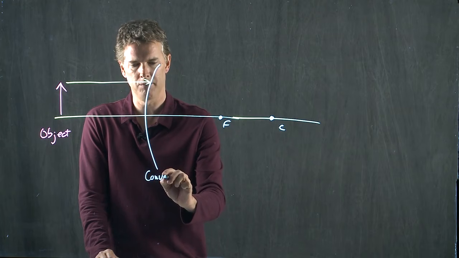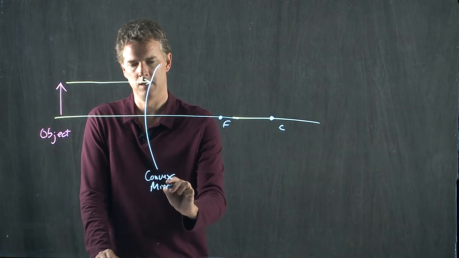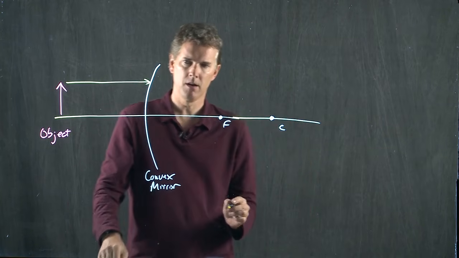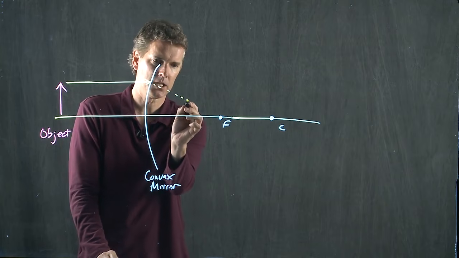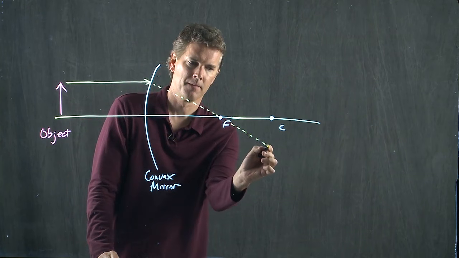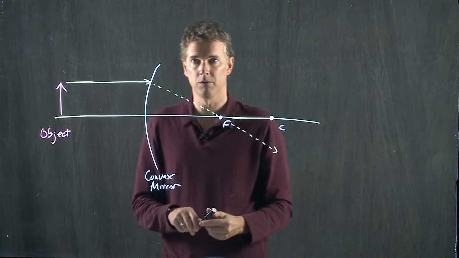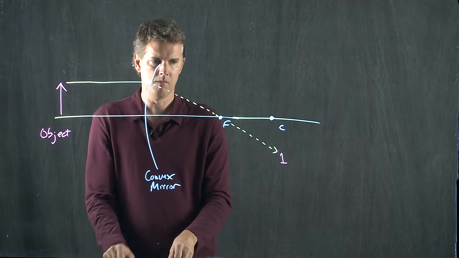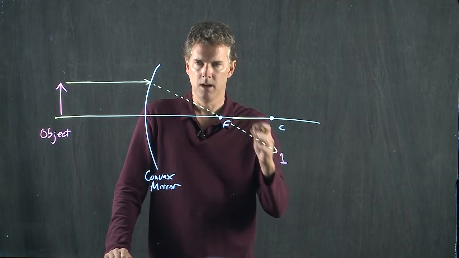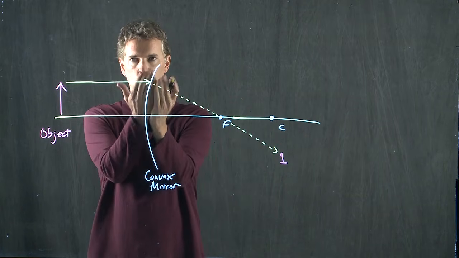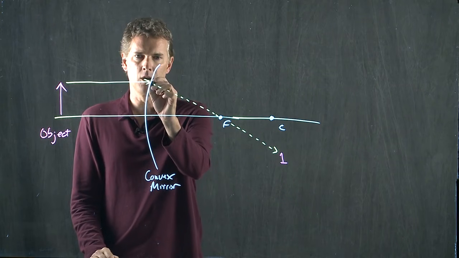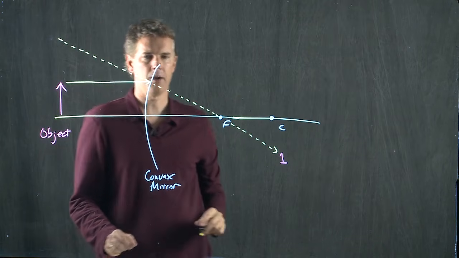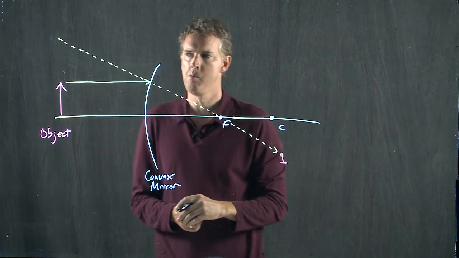It's a convex mirror. So there's no real light ray that penetrates through the mirror. It becomes a dashed line. Okay, this was rule number 1. All right, if it's a dashed line, what that means is when you look at this mirror, it's going to look like it came from there.